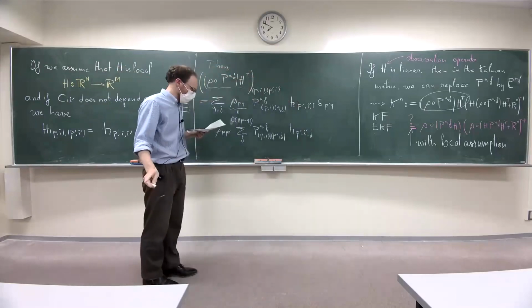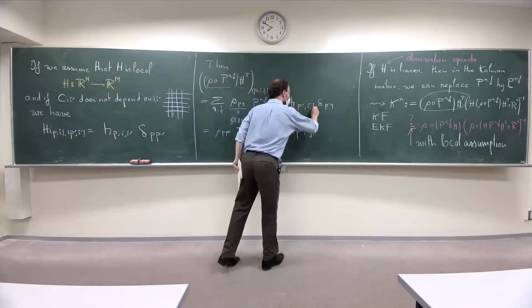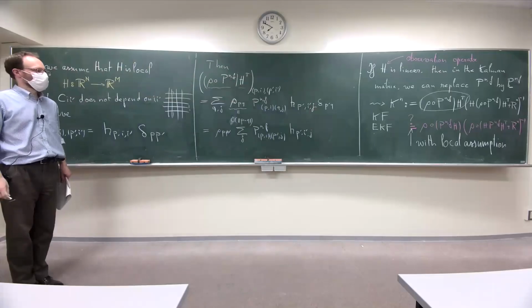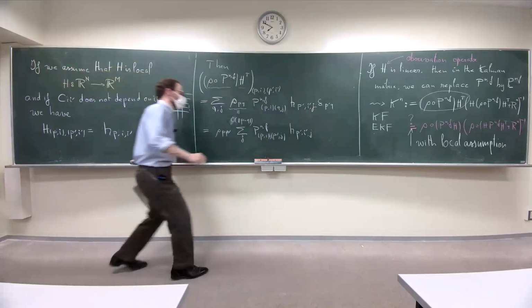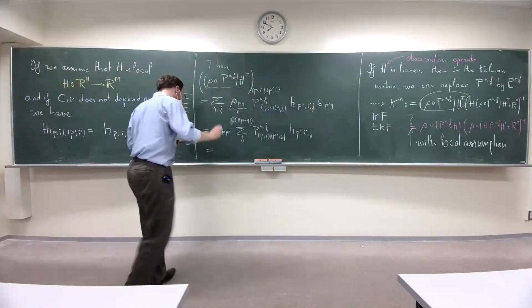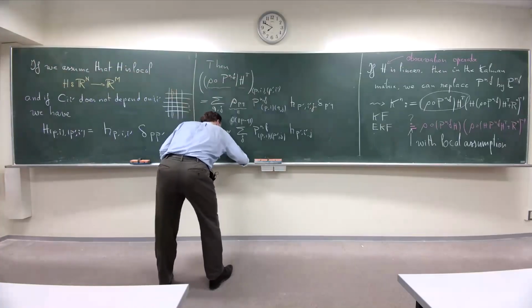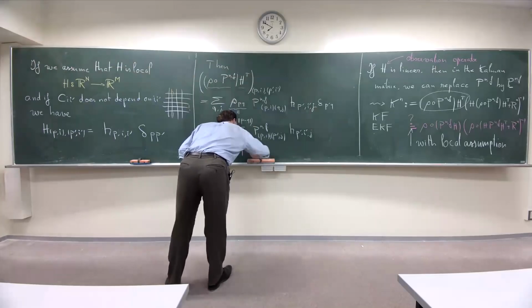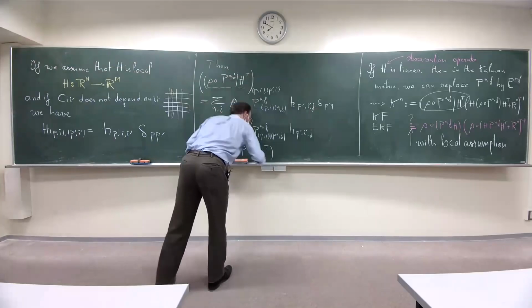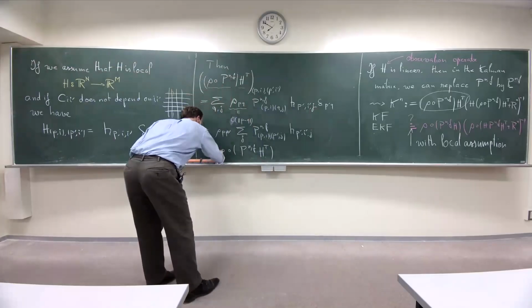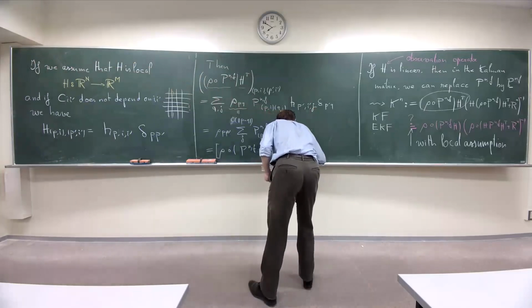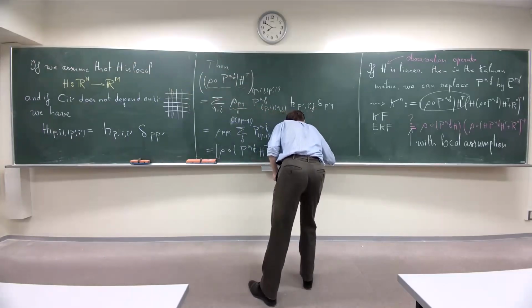Oh, sorry, there is a mistake certainly here. This is a j. And now, if you look carefully, this is nothing but rho of P^enf H transpose, everything evaluated at (p,i), (p',i').